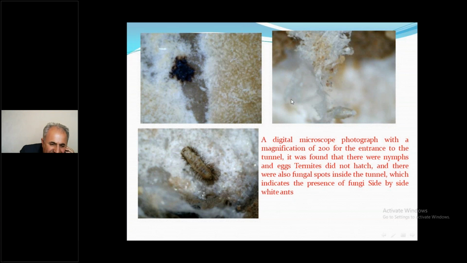Please continue. Okay. This picture, as we talk, is a very unique picture. I took it by digital microscope photography with a magnification of 200. I used the digital microscope inside the tubes.